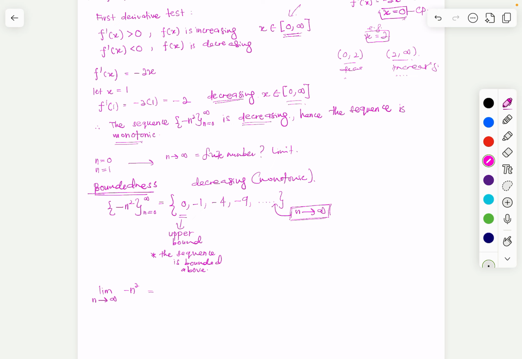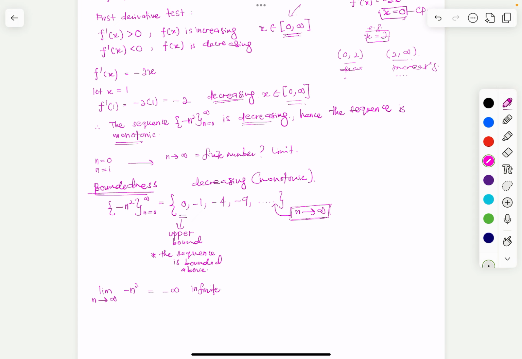First, you can plug in the value of n as infinity to find the limit. You would get negative infinity. Negative infinity is not an indeterminate form, so this is it. This is infinite.